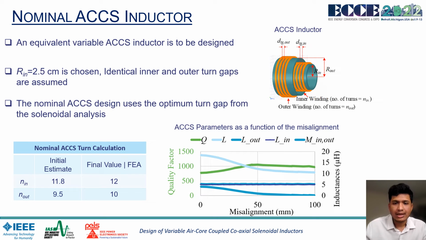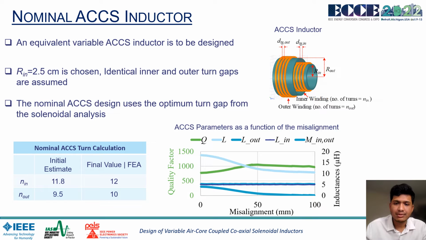After this, a misalignment based analysis is conducted to see how the parameters of an ECCS vary. As can be observed, inductance decreases with misalignment, whereas the quality factor initially increases and then slightly decreases.